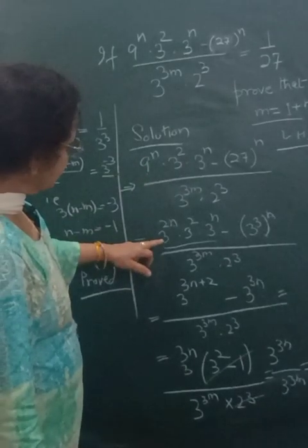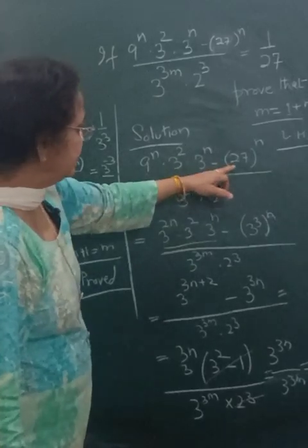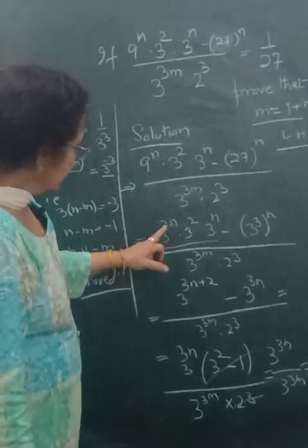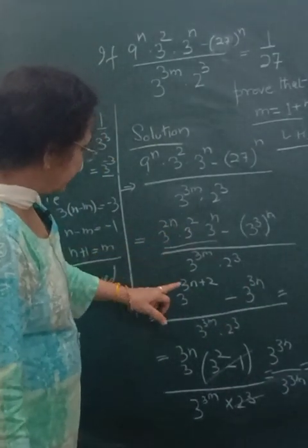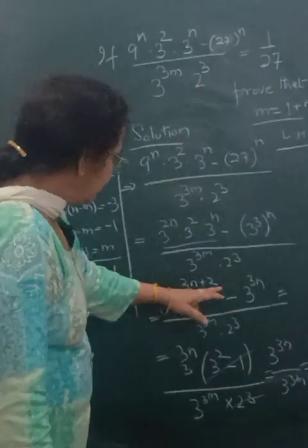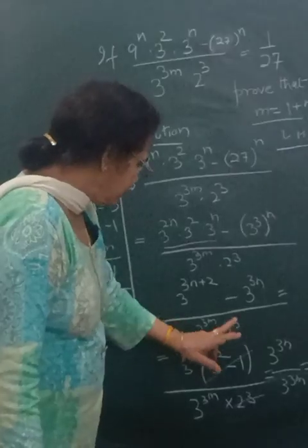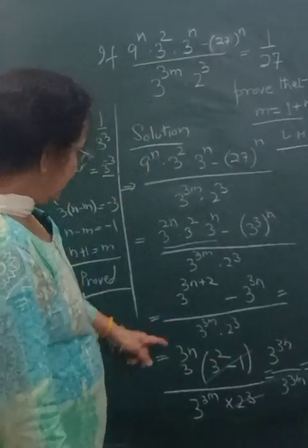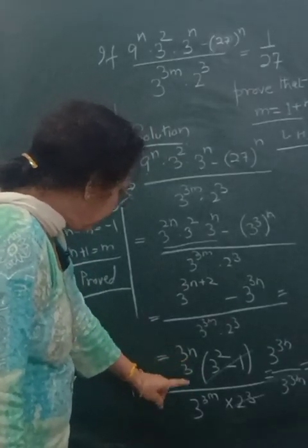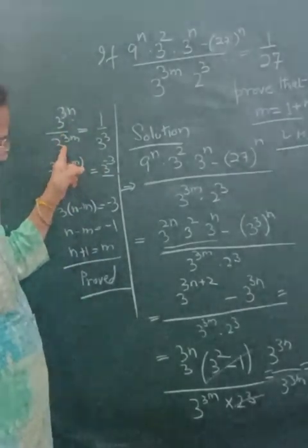This can be written as 3 to the power 2n. 3 to the power 2, 3 to the power n remains same. 3 to the power 3 into n, that is 3 to the power 3n. This n and this n will add, so 3n plus 2. No change in the denominator. Taking 3 to the power n common, on this side 3 to the power 2 will remain and 1 will remain. 3 to the power 2 minus 1 is equal to 8, and this 2 to the power 3 is also 8, so this cancels. So we have 3 to the power 3n upon 3 to the power 3m left.